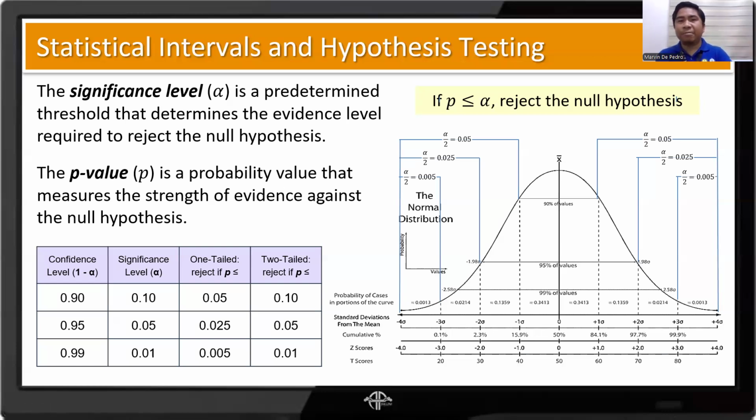Okay? So that means if our p-value is less than our significance level, for example, this significance level corresponds to 0.1%, then we reject the null hypothesis if it is less than or equal. So if this is the 0.1, and let's say you computed your p-value and you have 0.009.